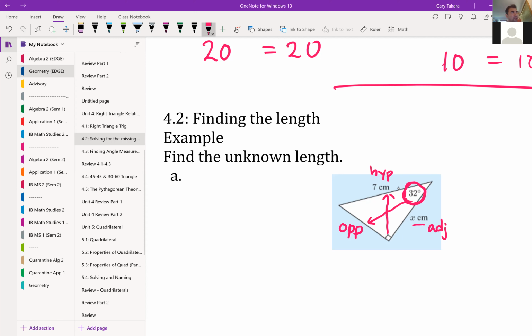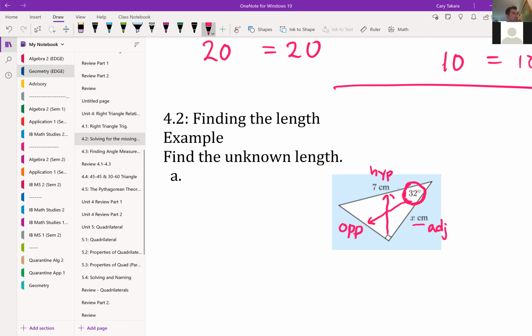What do you guys think? What would you vote for? Is this a sine problem, cosine problem, or a tangent problem? And why did you pick that? What do you guys think?